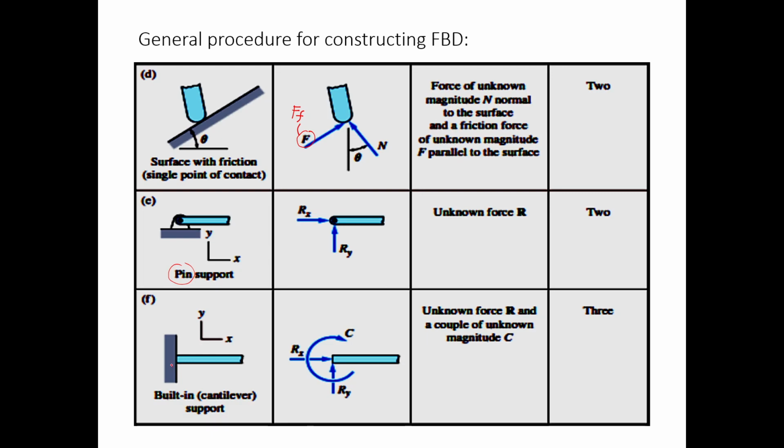You'll be having a support here, a vertical reaction, a horizontal reaction, and a moment. That's why you have three unknown forces here. For letters E and F, these will be topics in the later category of equilibrium of forces, which is the parallel force system and the non-concurrent force system.